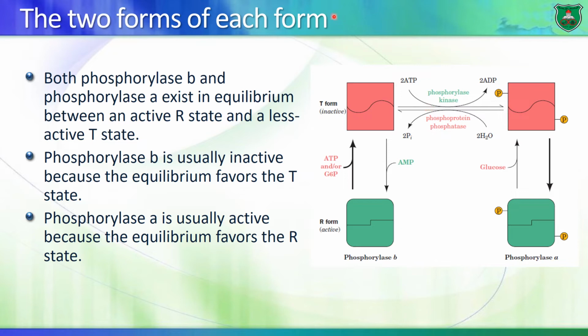So protein kinase A is activated, it phosphorylates phosphorylase kinase, and phosphorylase kinase phosphorylates glycogen phosphorylase, and the equilibrium goes towards the formation of the enzyme in the R state. On the other hand, by removing this phosphate group, the enzyme is dephosphorylated, which prefers to stay in the T state.